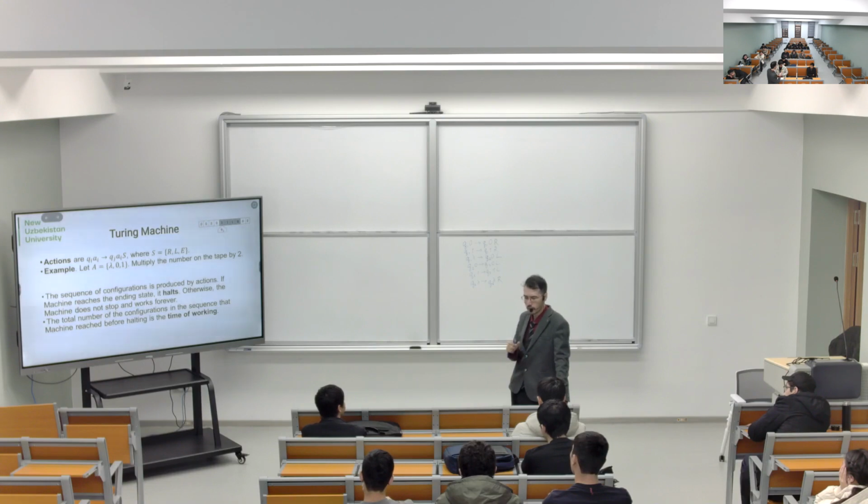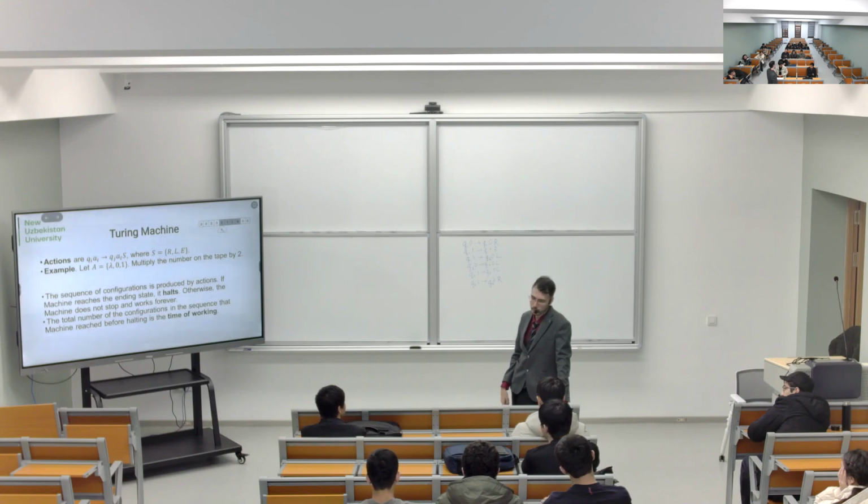If you want to make a program that will perform multiplication of two numbers, then it doesn't have these states to count. It has numbers. It is what's written on the tape.